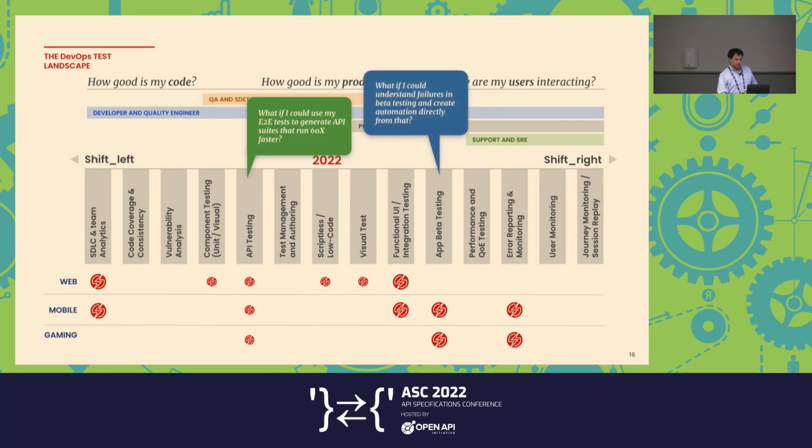Other things that we look to do with this platform, app beta testing. If your organizations are building mobile applications, they probably use something like TestFlight or Firebase to do mobile app distribution. I want to circulate the app to 10 or 100 people and have them test it in a beta format before it gets released.